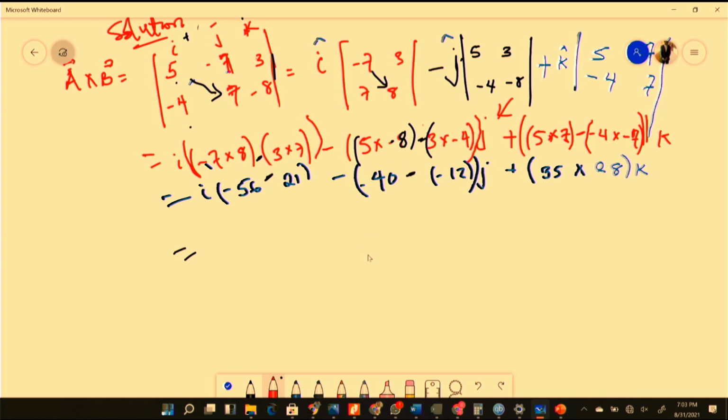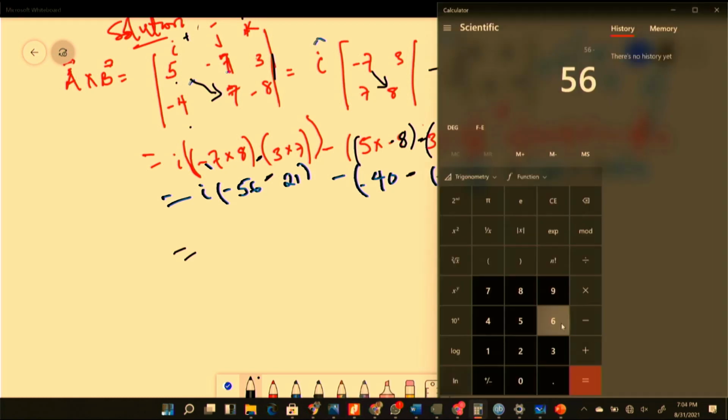So at the end of the day, what we are left with is 5 times 7, that is 35, and we have our minus here, and this gives us 28. So we can remove this bracket and write 28. So what is minus 56 times 25? We have 56 minus 21.